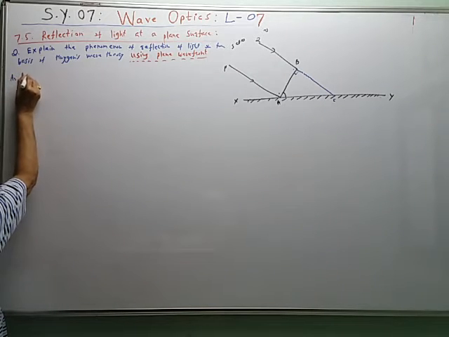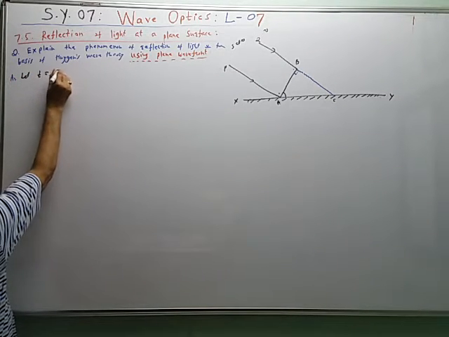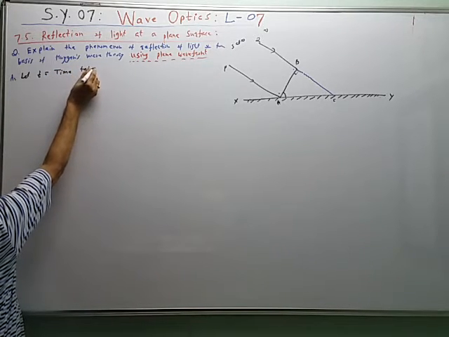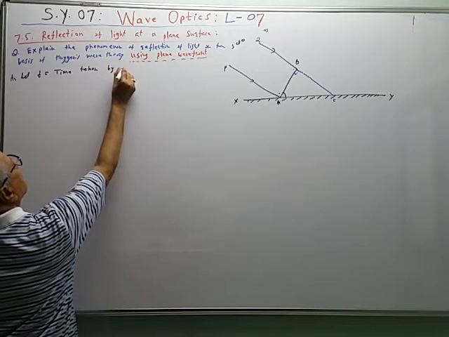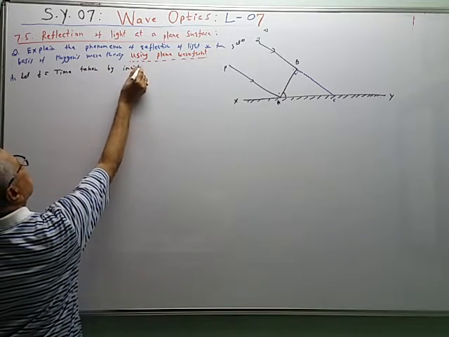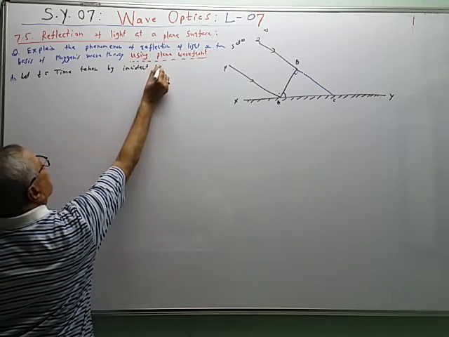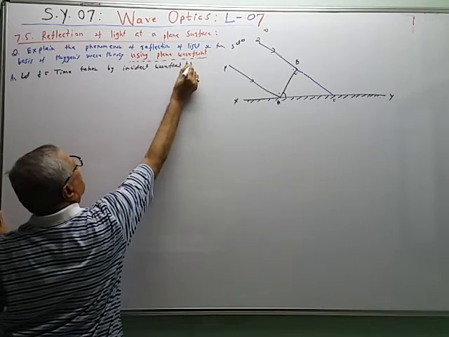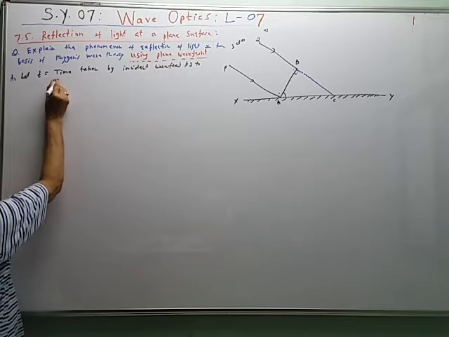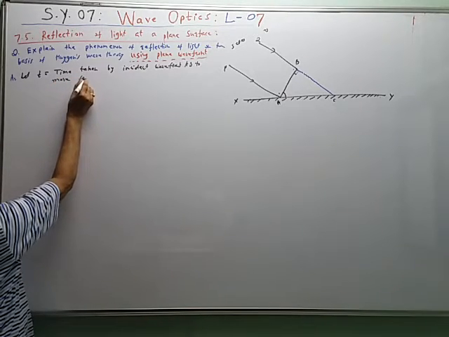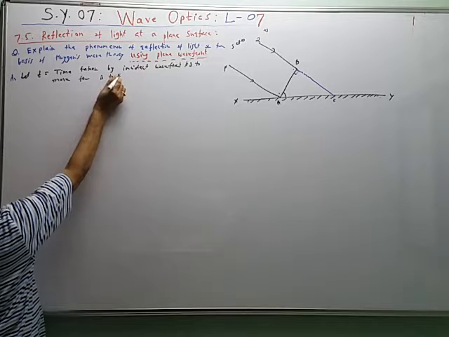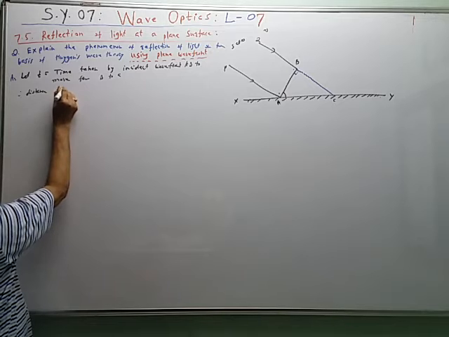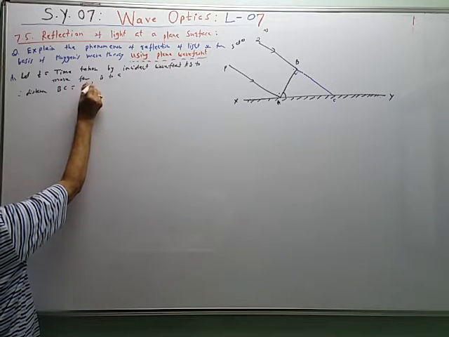Let t be the time taken by the incident wavefront AB to move from B to C. Therefore, distance BC is equal to velocity multiplied by time t.